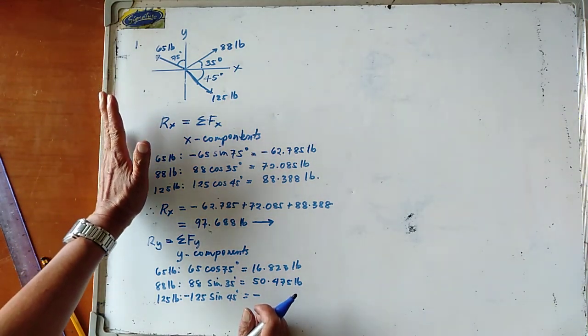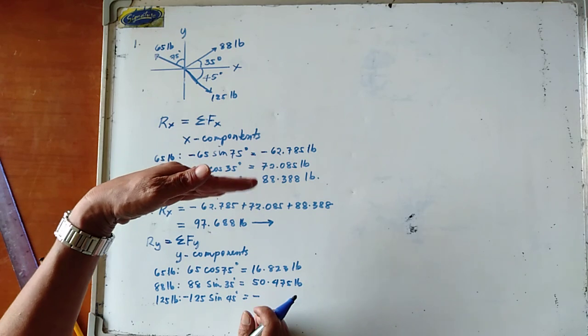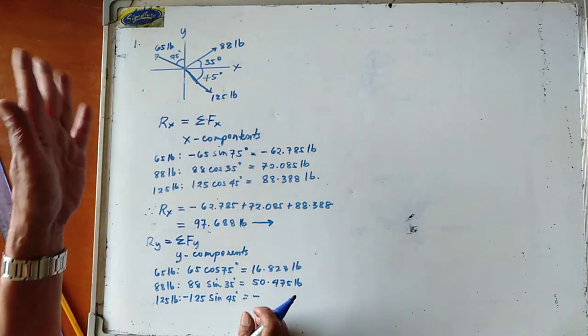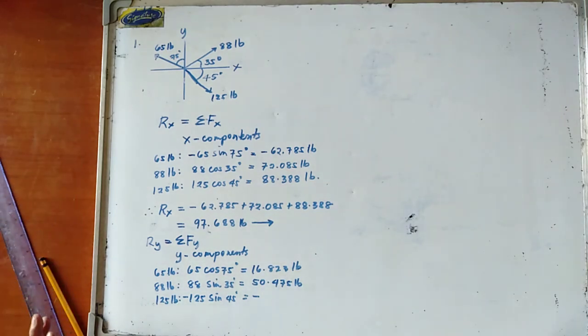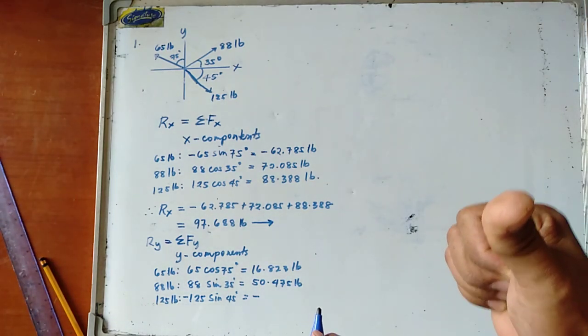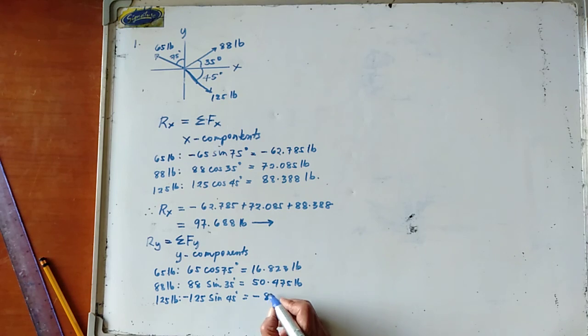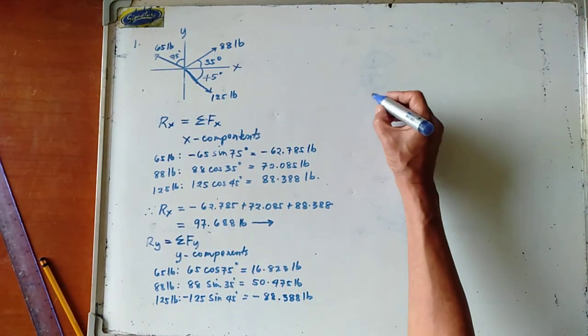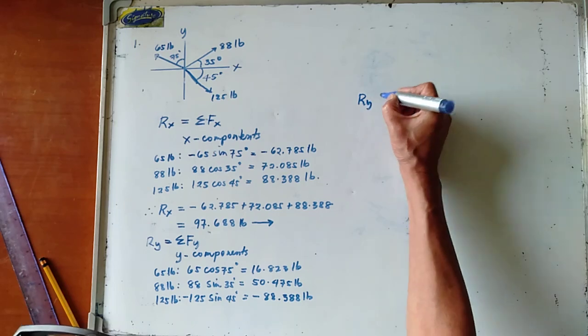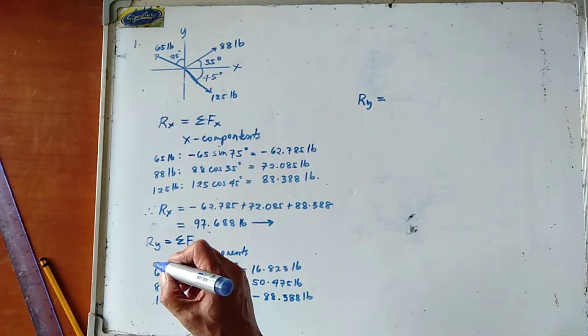Take note that to the right forces are positive, to the left negative, upward forces positive, and downward forces negative. Therefore, this is equal to negative 88.388 pounds.